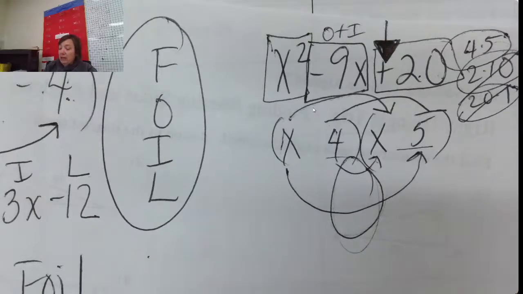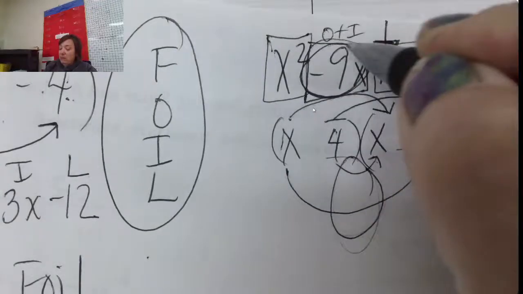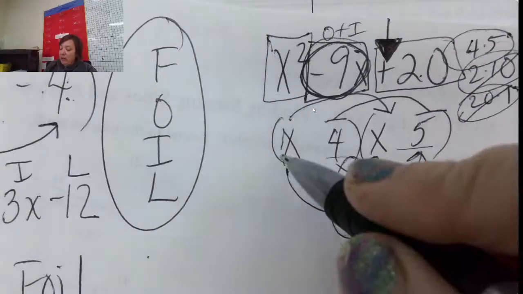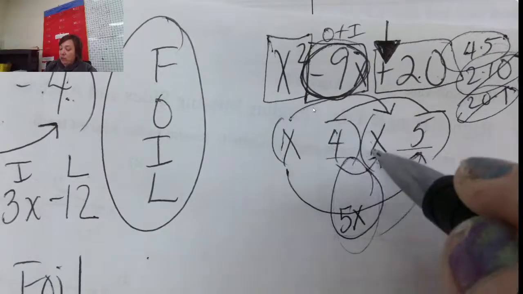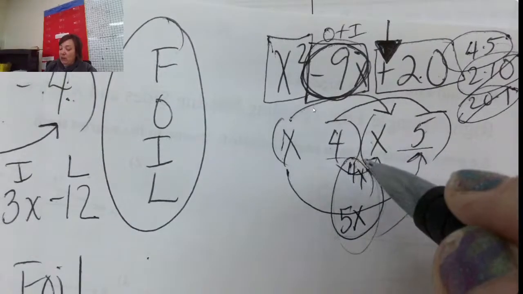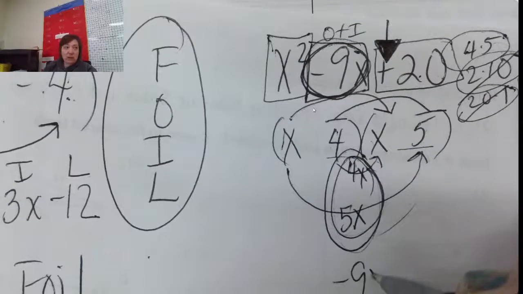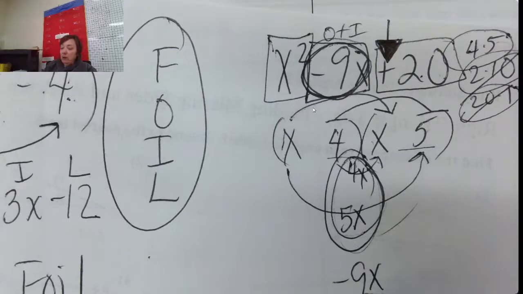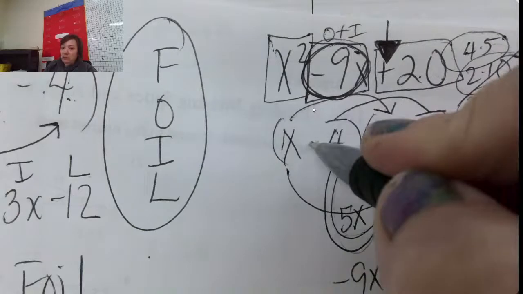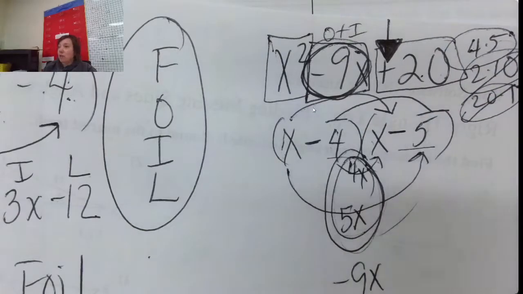When we look at negative 9x, that means when we multiply 5 times x and we get 5x here, and we multiply 4 times x and we get 4x there, and then we add them together, we get negative 9x. Right? So what do the 4 and the 5 have to be so that you get a negative 9? They both have to be negative. And there's our factored version.